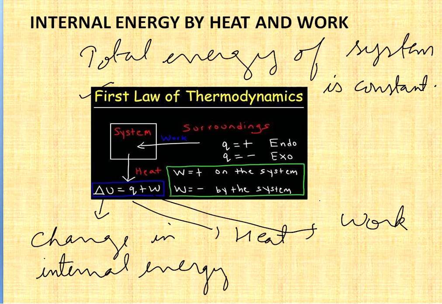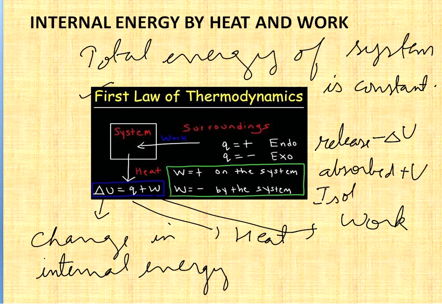When energy is released, delta U is taken as negative, and when it is absorbed, it is taken as positive. Remember that. In an isothermal process, where temperature is constant, delta U becomes 0, because there is no change in temperature.